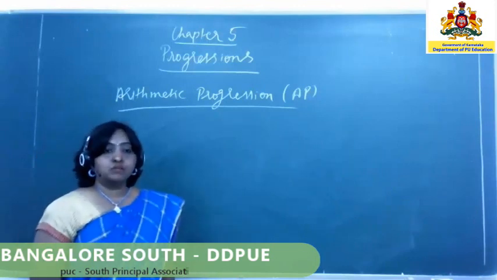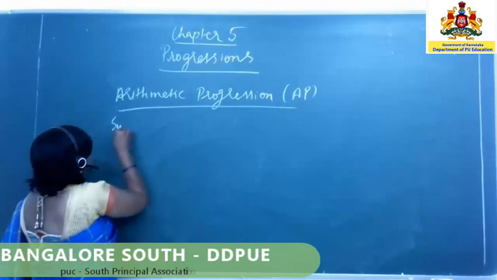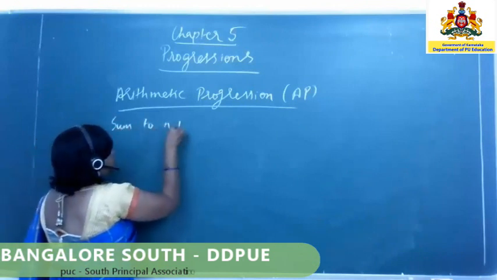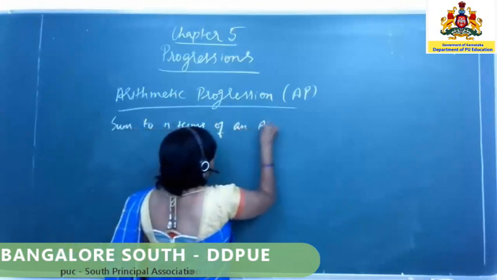Next we have the sum to n terms of an arithmetic progression.